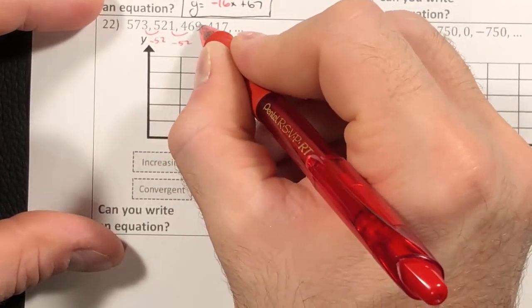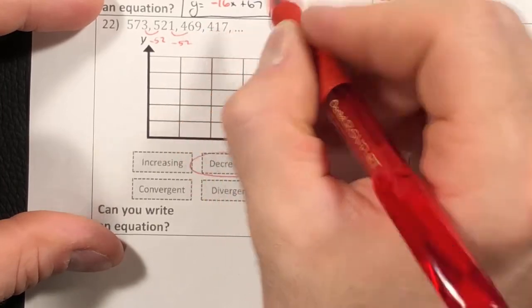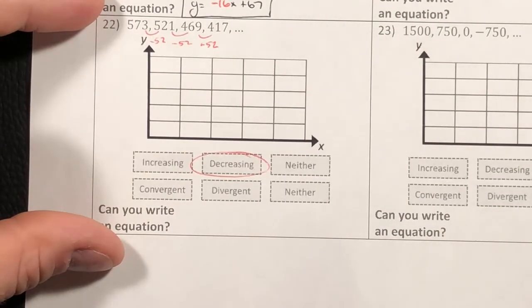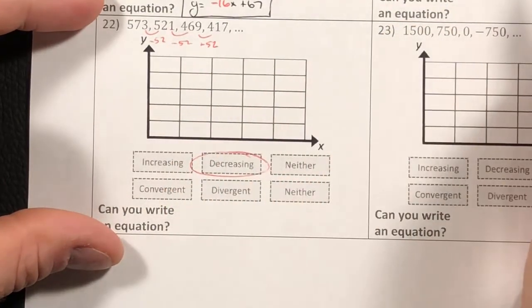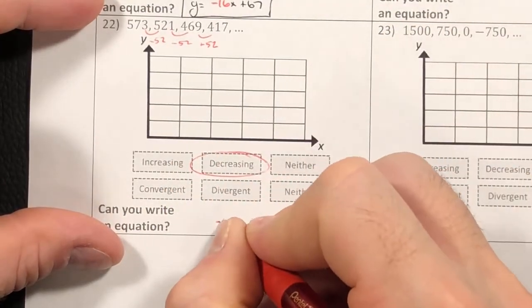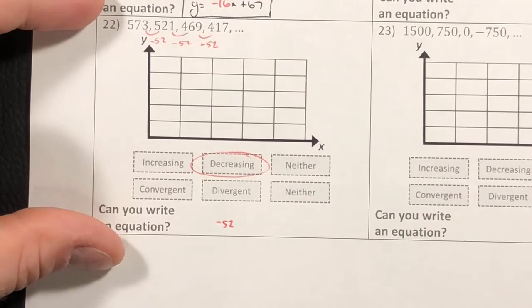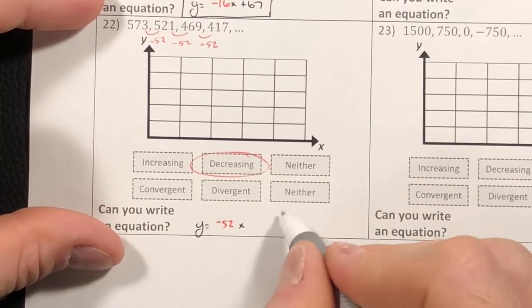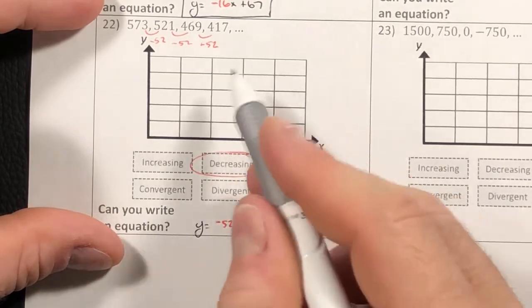If I take away 52, that's going to be 67 minus 52. Yep. I just wanted to make sure it was consistent there. So if I'm subtracting 52 each time, I know that my slope right here is going to be minus 52. Negative 52x. I don't know what the y-intercept is. I'm going to have to figure that out here in just a moment.